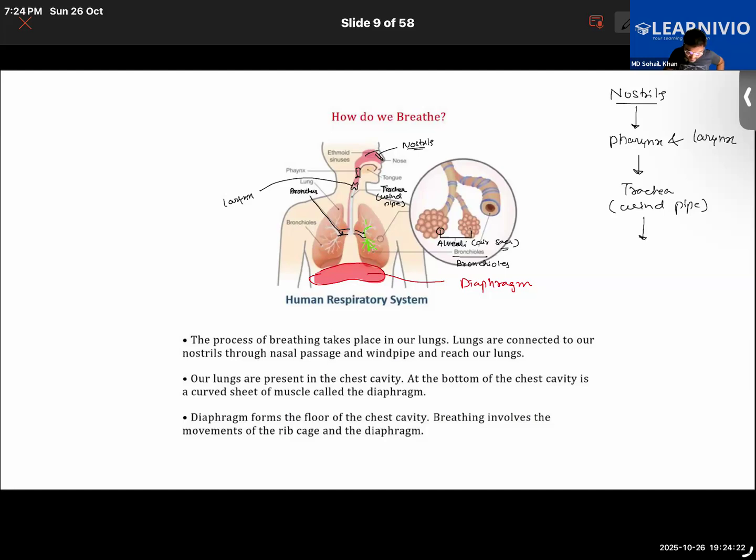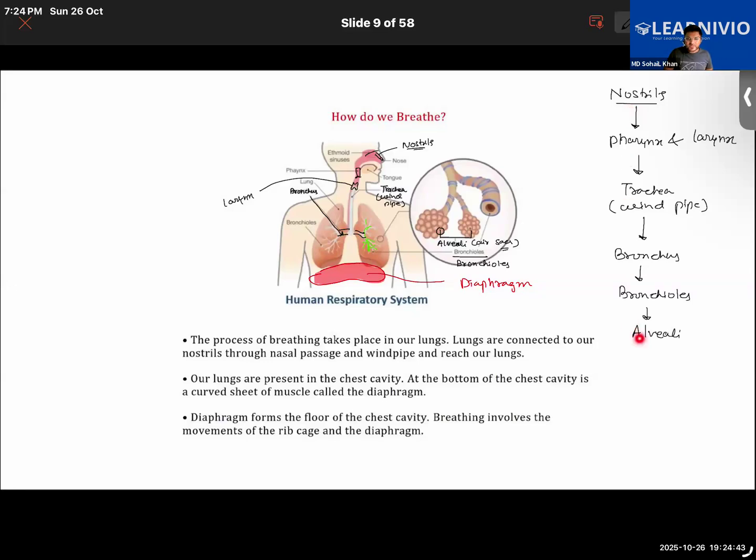Then it goes into the bronchus, then into the bronchioles, and then finally into the alveoli. So that is the journey of the air which we inhale. Understood that now?